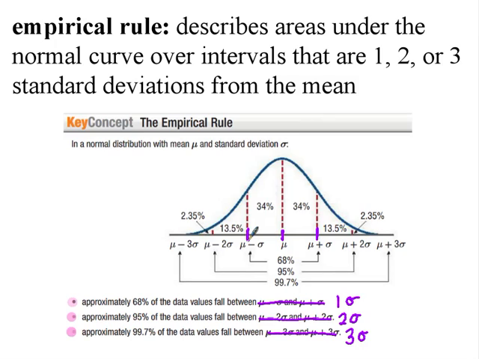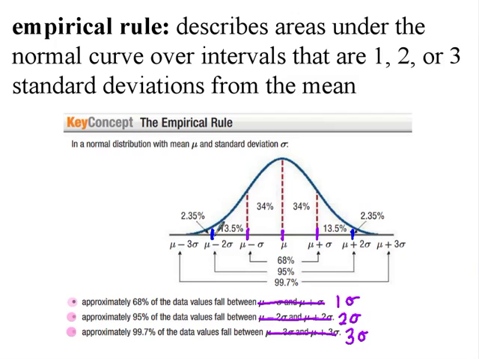So if you have 100 items, they're normally distributed, 68 of those 100 items will be right here in the middle. Now, if we were to extend that and go to 2 standard deviations from the mean, we're now dealing with 95% of the values. 3 standard deviations, approximately 99.7% of the data values.